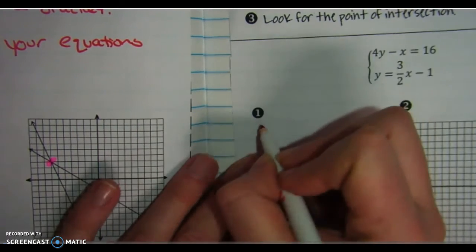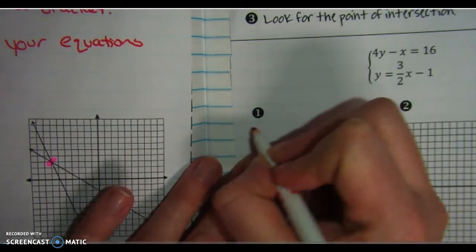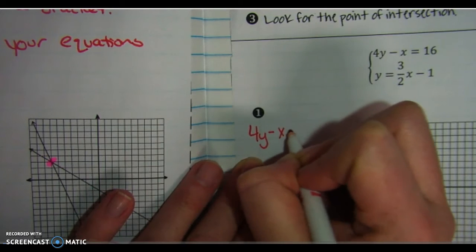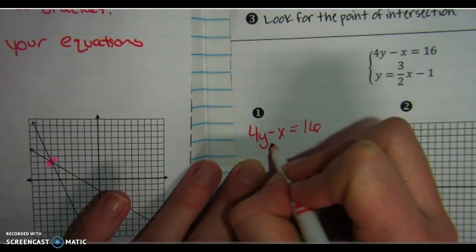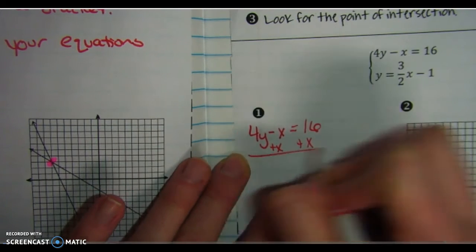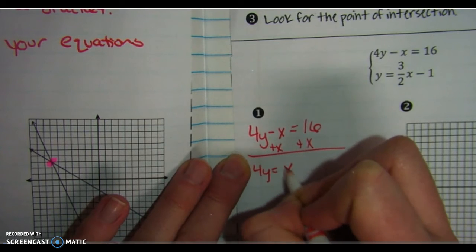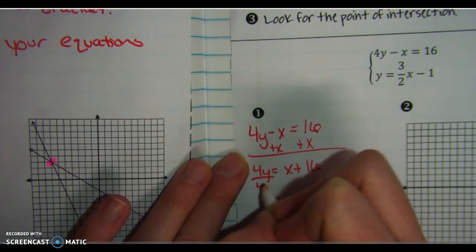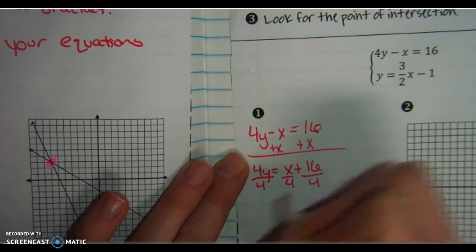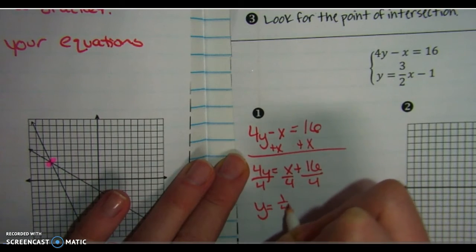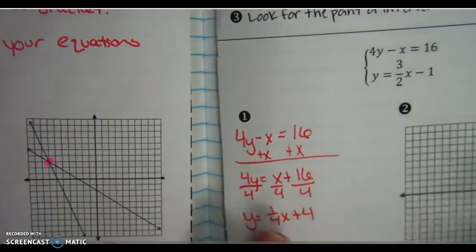Here, we know we have the brackets, we know they combine. So I'm going to add x. So 4y equals x plus 16. So y equals 1/4 x plus 4.